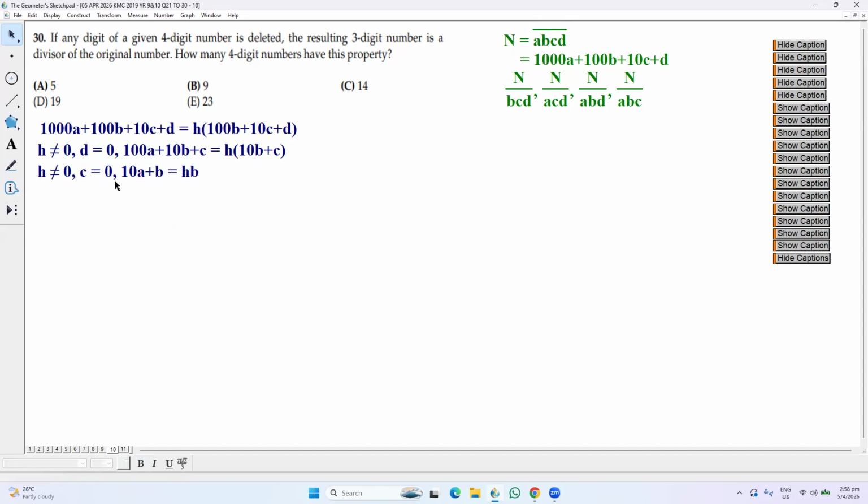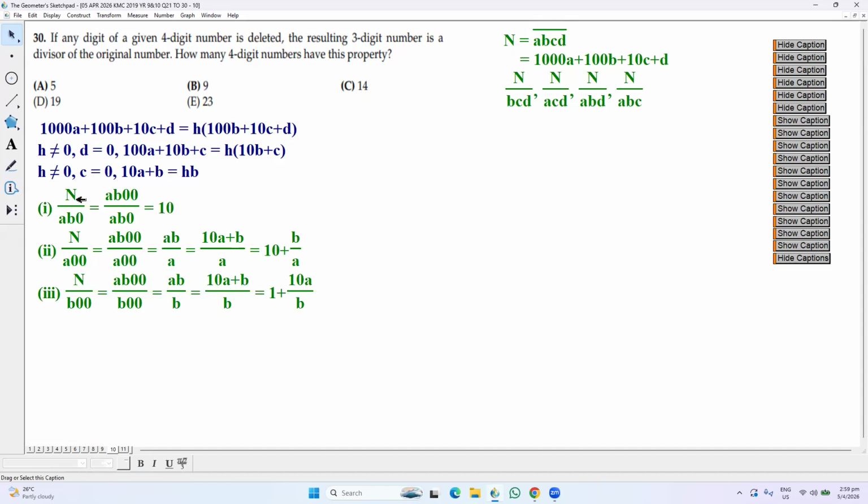When C is 0 already, we can divide by 10 again, then we get 10A plus B, and then HB. So far we know 2 of the digits already, and they are forced to be 0: C and D are 0, 0.